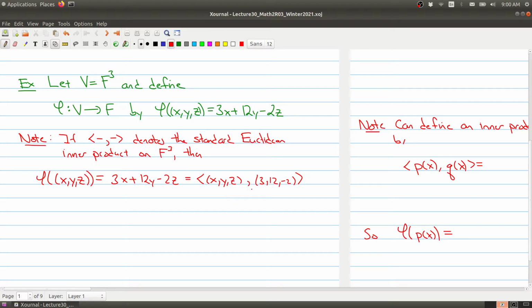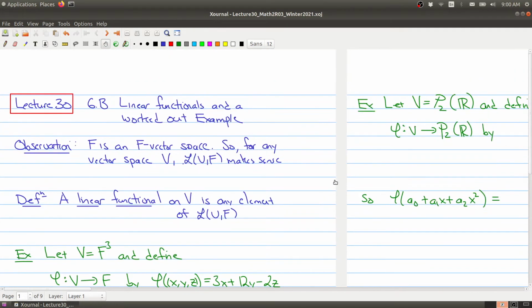So what we have here is a linear functional agreeing with an inner product. As we let x, y, z vary over all triples and we fix the second term of our inner product, we get something that agrees with our function.